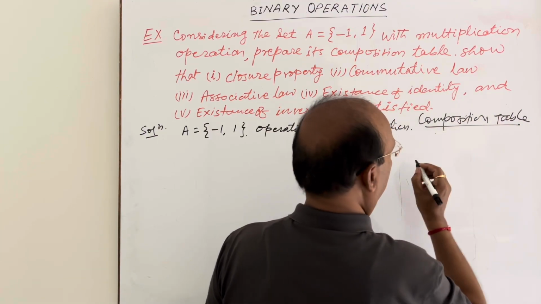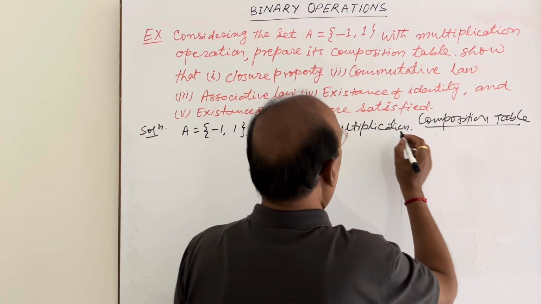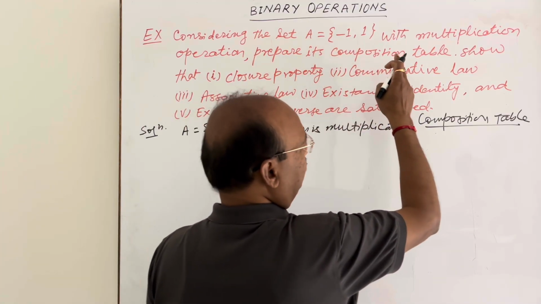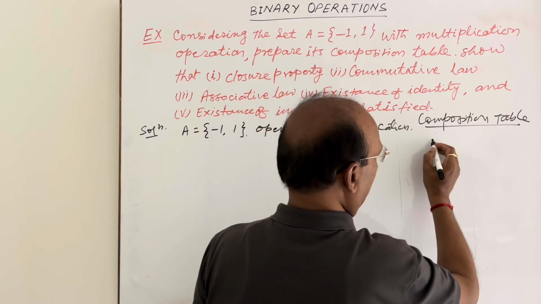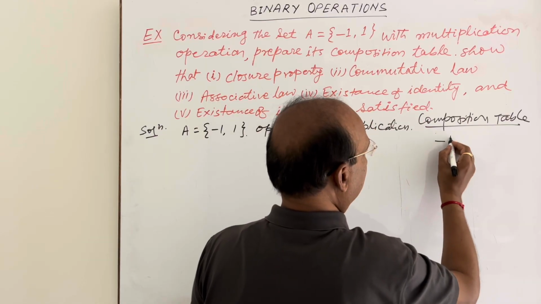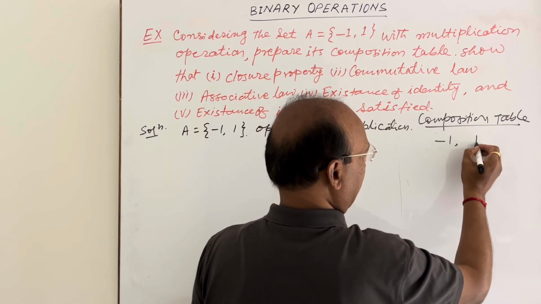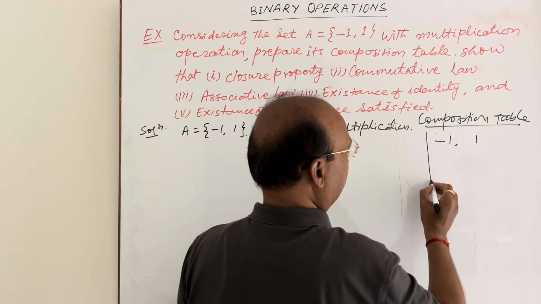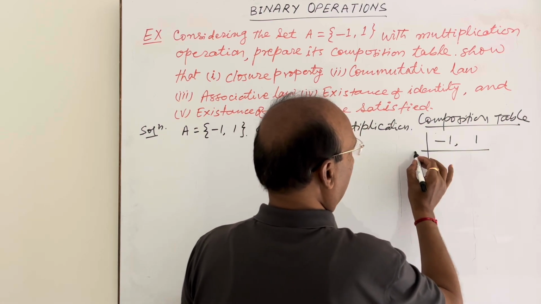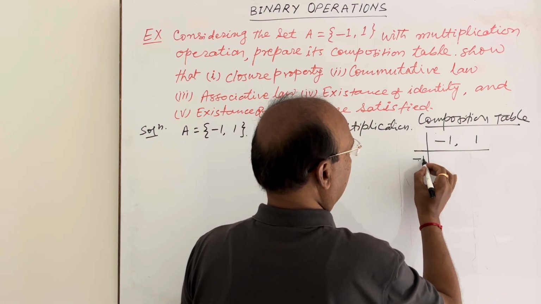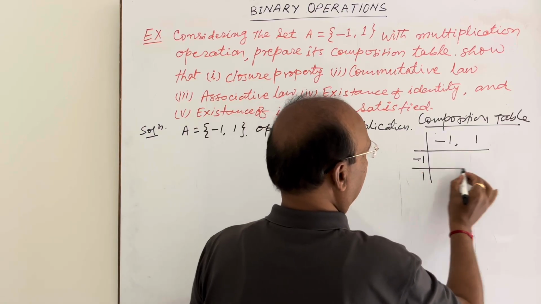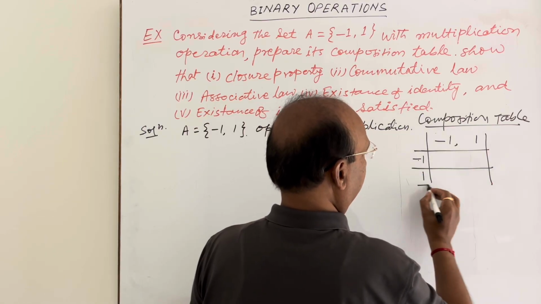Here 2 elements are there, so in the row we will write these 2 elements -1 and 1. Similarly in the column you write these 2 elements -1 and 1 like this.